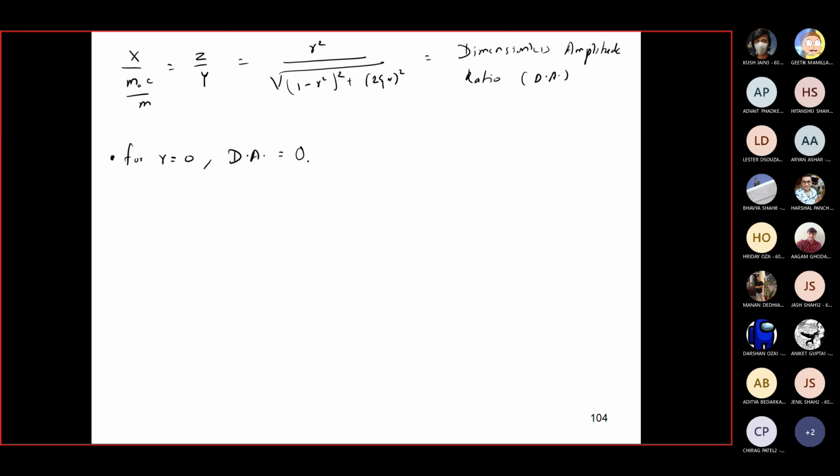Yes, this will be equal to 0. All right, so what does that mean? If I plot a curve of frequency ratio on one side and say dimensionless amplitude, X or Z, on the other side, what will be the starting point of all the curves?